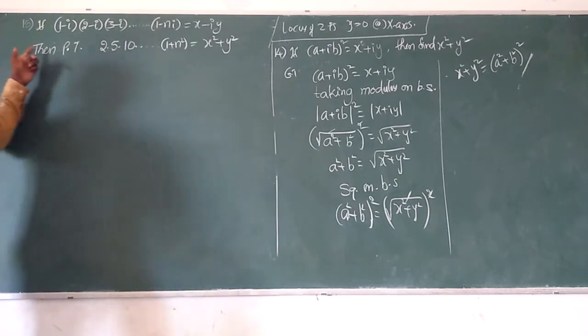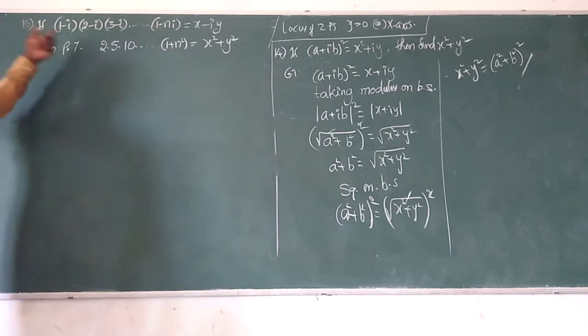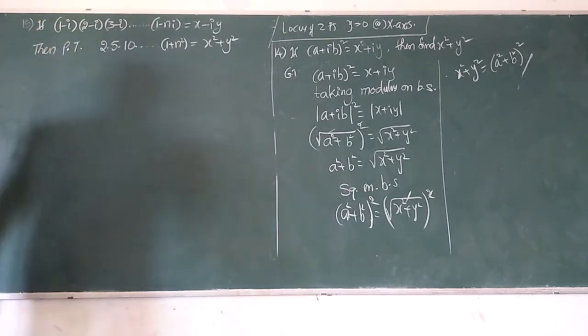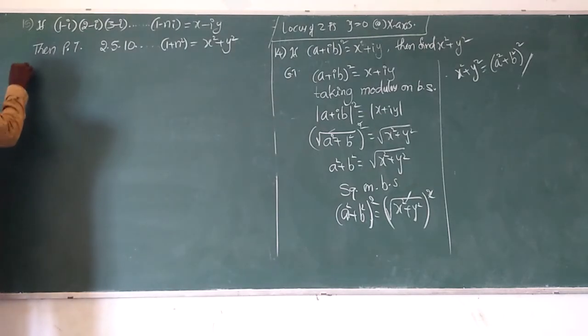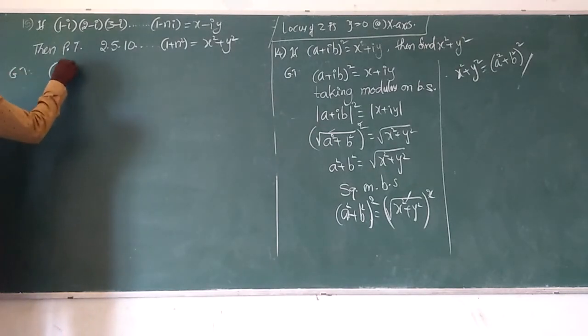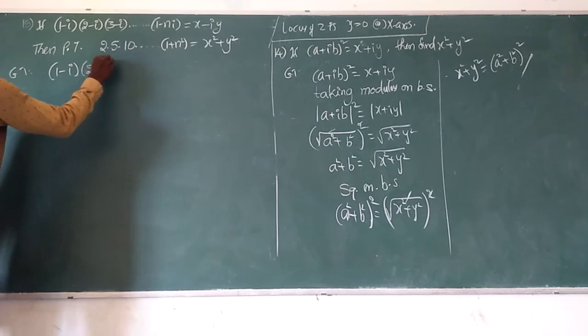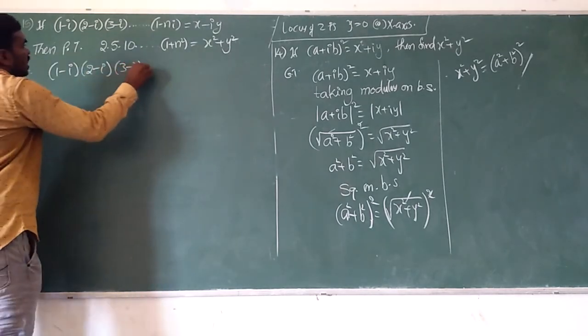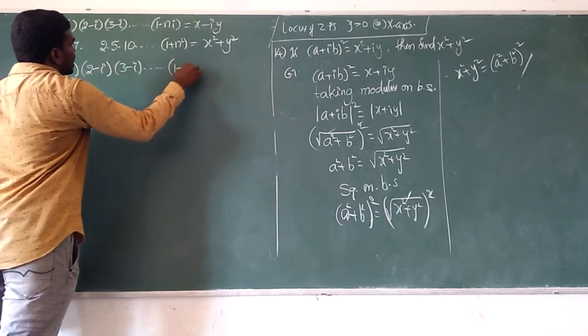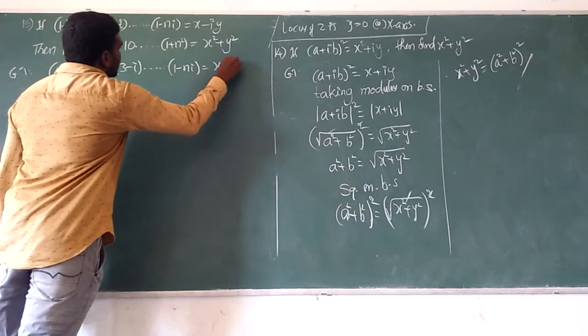It looks like the sum is big, but the simplification is very simple and very easy. What is the given condition? Given that 1 minus i into 2 minus i into 3 minus i and so on into 1 minus ni is equal to x minus iy.